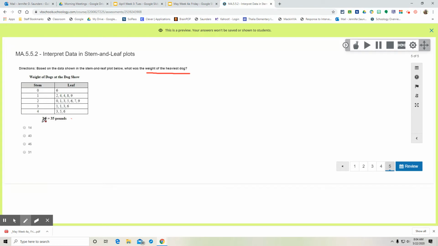The stem side represents a number in the 10 spot. The leaf side represents ones, because when you combine these, you have the number 35. So I'm looking for the one that's biggest. This is going to be the lightest because that's only 6 pounds. That's our little doggy. So we're going to the biggest number, 40 something, it's 46 pounds. Choice C.